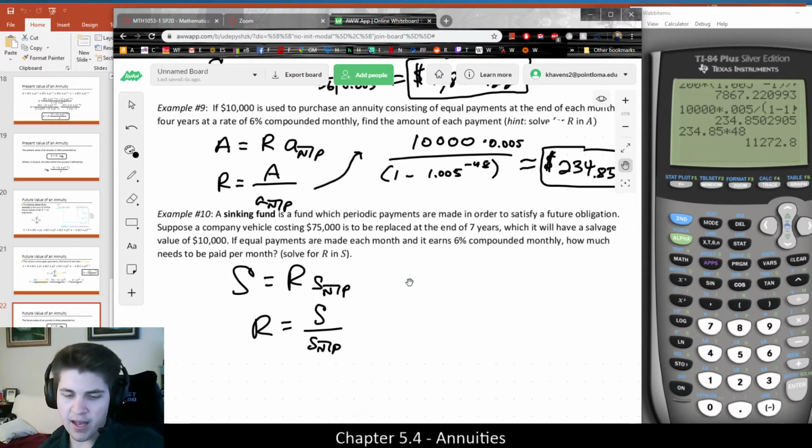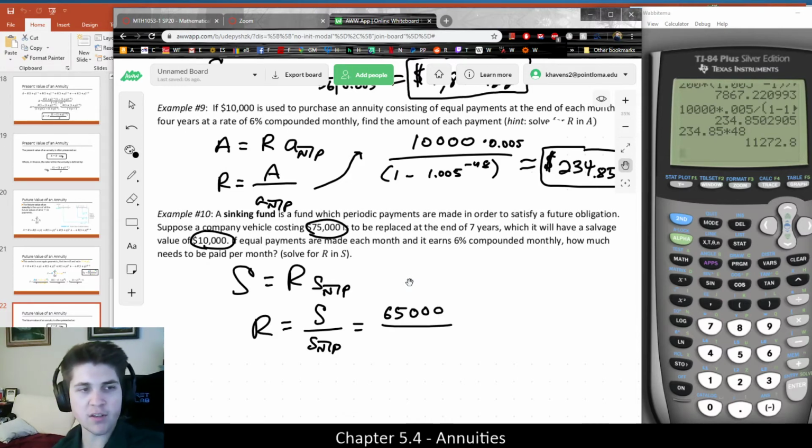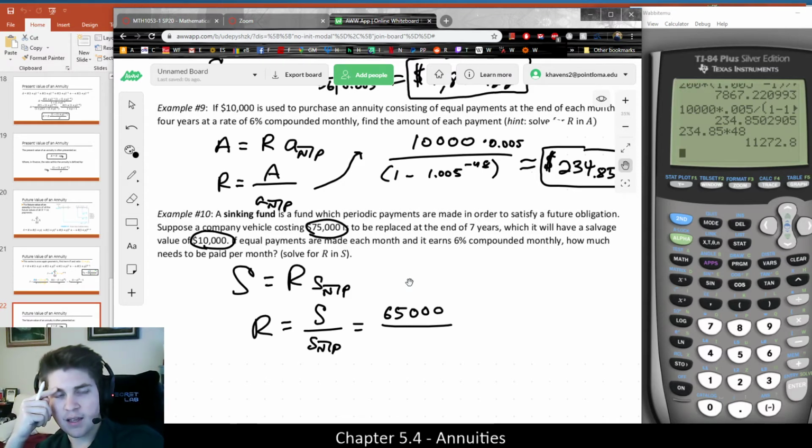Here, our sinking fund, which is probably what S stands for, is the 65,000 total amount of money we want to generate in the future. Remember, capital S is the future value of the annuity. That's just the difference between how much it's going to cost us and how much we're going to get from salvage.